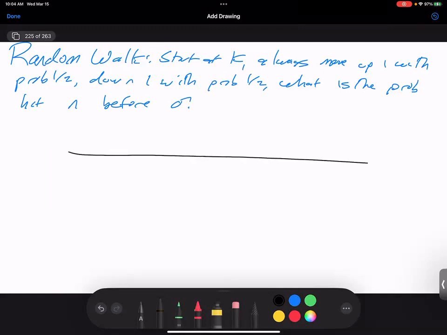So, beautiful diagram. Here's 0, here's N, 1, 2, ... N minus 1, N minus 2. And then somewhere over here is K, K plus 1, and K minus 1. There are a couple of probabilities we immediately know.